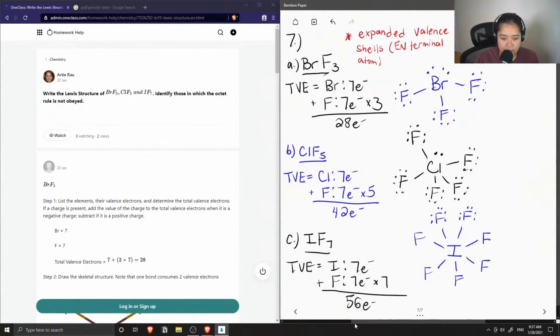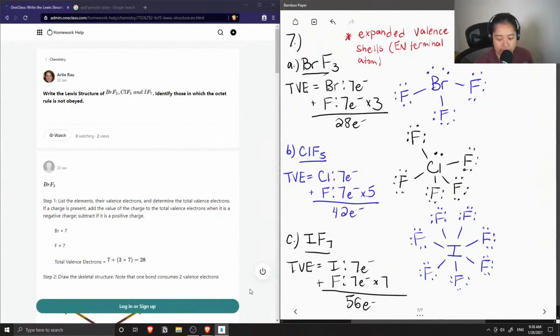So now let's draw in all of the lone pairs. Okay, so now if I count out all the electrons in this structure, we'll see that we already have our 56, so we don't need to draw any more lone pairs on the iodine. So these are the 3 Lewis structures.